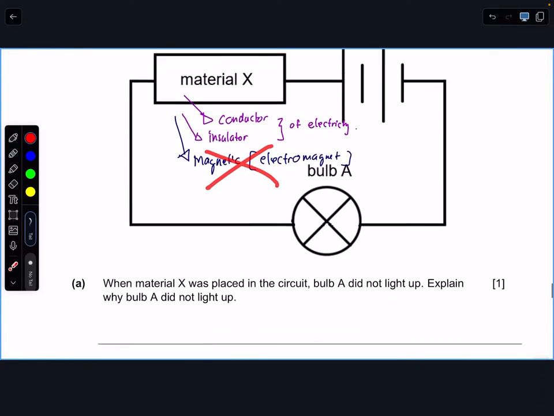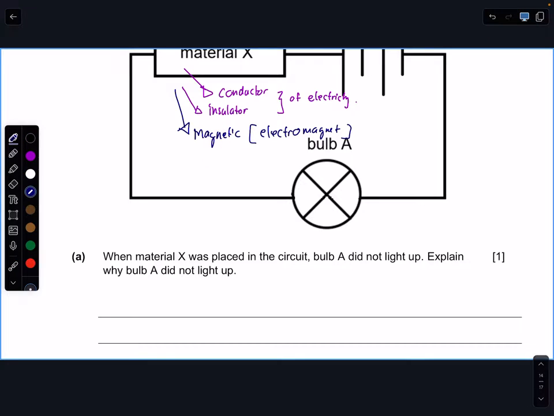So it tells you that it didn't light up, right? So remember, even after I tell you 10 billion times, of course, nobody will care about me. I know. Because until now, when I mark your paper, you go and see how many of you didn't use CEO to answer. So in this case, let's be honest, the O has already been answered. Where? Light bulb A did not light up.